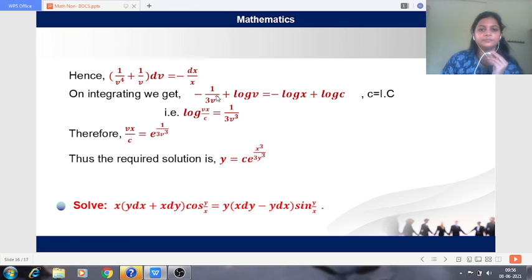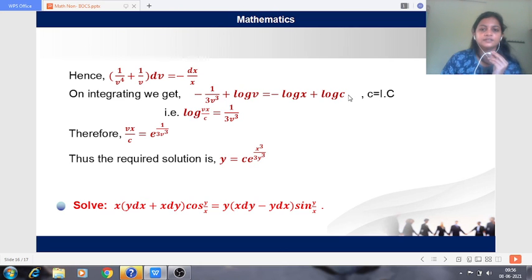We get minus 1 by 3v³ plus log v on the left hand side, and on the right hand side, integrating minus dx/x we get minus log x plus log c. Here log c is the integrating constant.